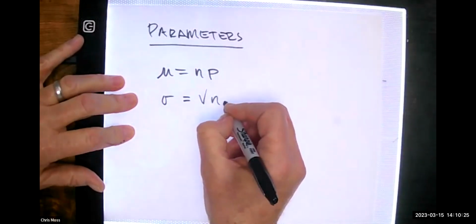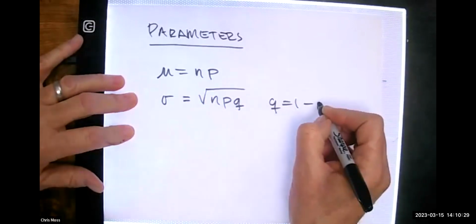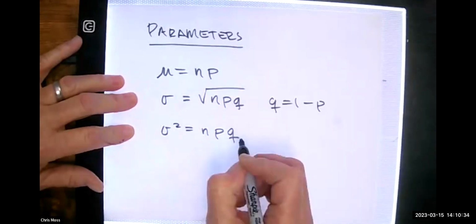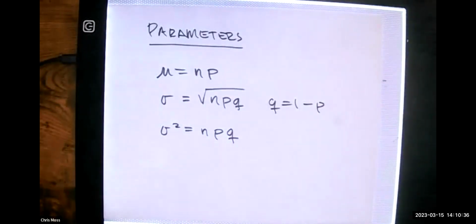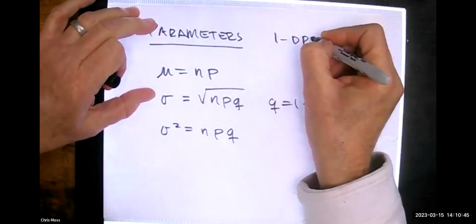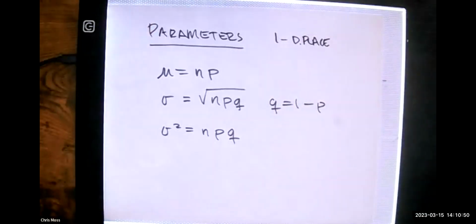Standard deviation is the square root of npq, with q equals 1 minus p, and our variance is npq. We need those formulas. We usually take those to 1 decimal place, because x is usually a whole number, so we want 1 more. And there we have it.